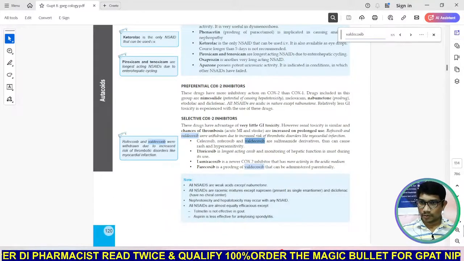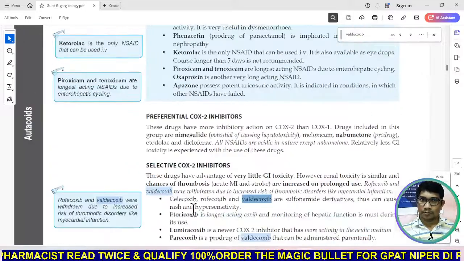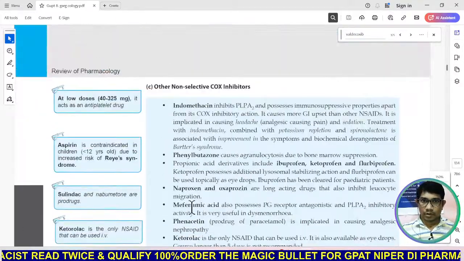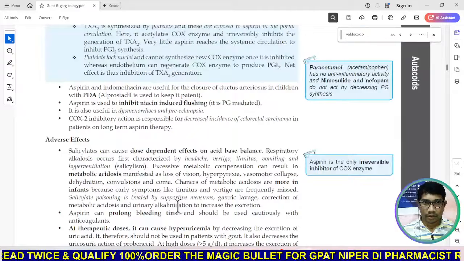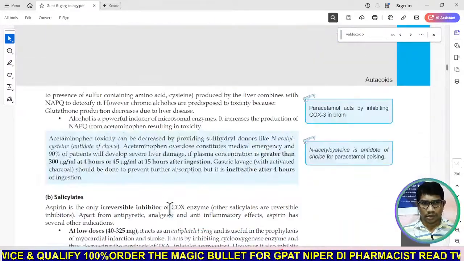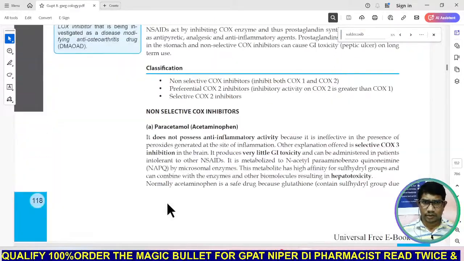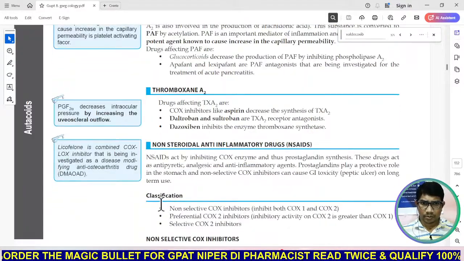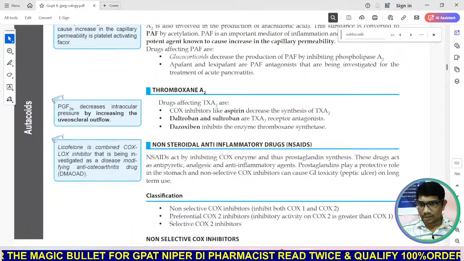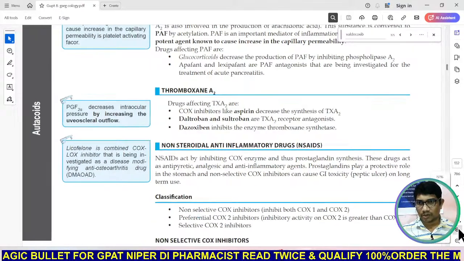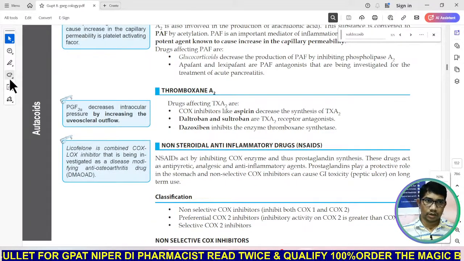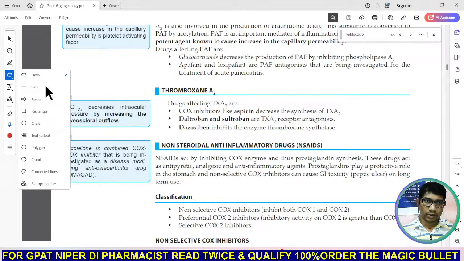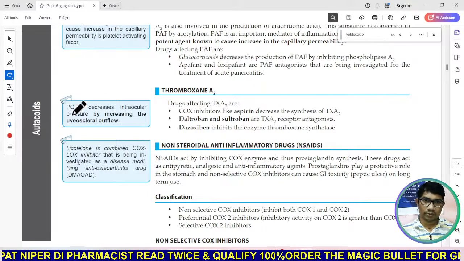You see over here, थोड़े से पॉइंट्स देख लो आप यहाँ पे. We have almost covered all the things. We already saw a lot of things from NSAIDs. NSAIDs में most of the things अपने cover किए हैं, but still कुछ points you have to write down because these points are very important.